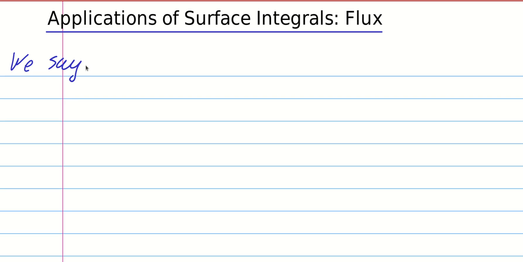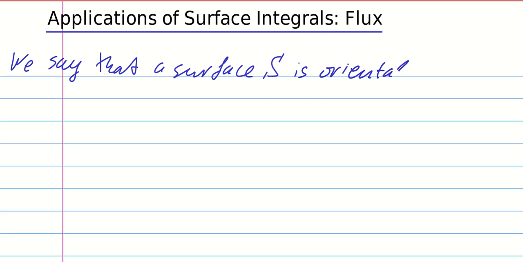We say that a surface S is orientable. Some people call it two-sided.